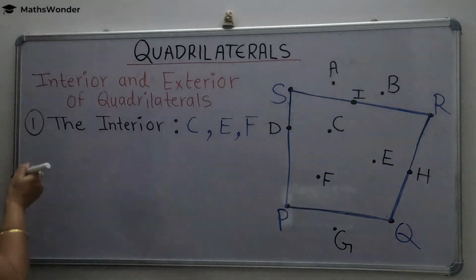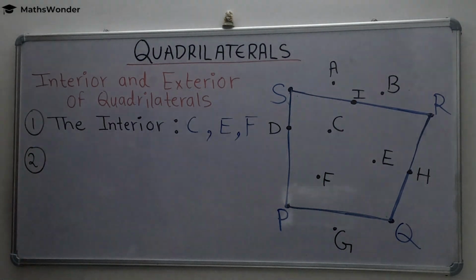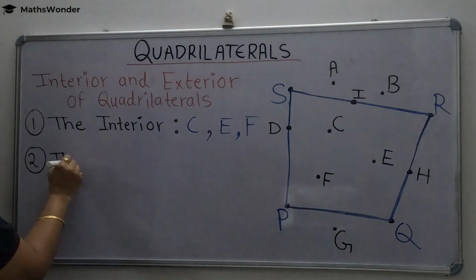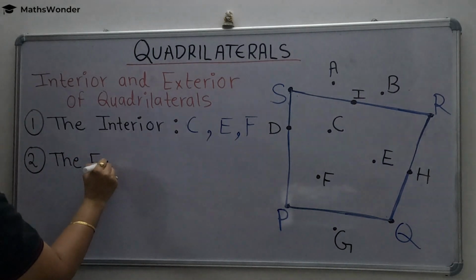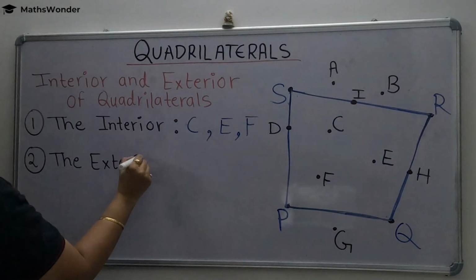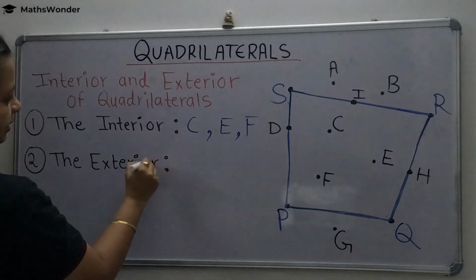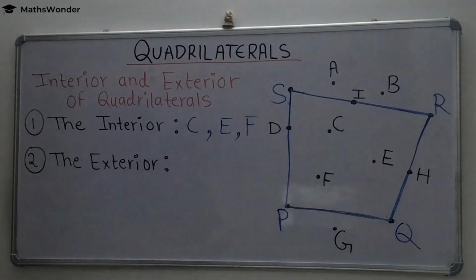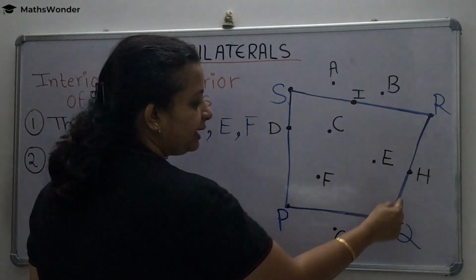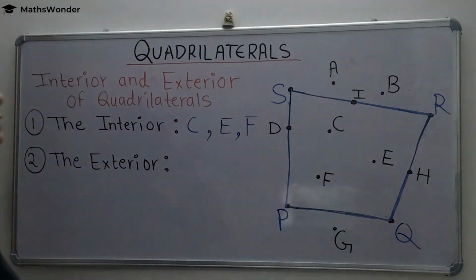The second is the exterior. So what is the meaning of exterior? The part outside the boundary. The boundary is PQRS. The part outside the boundary of the quadrilateral is called the exterior region.